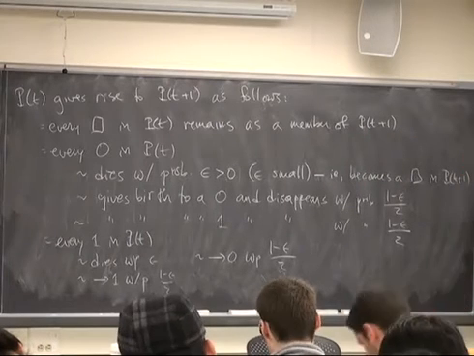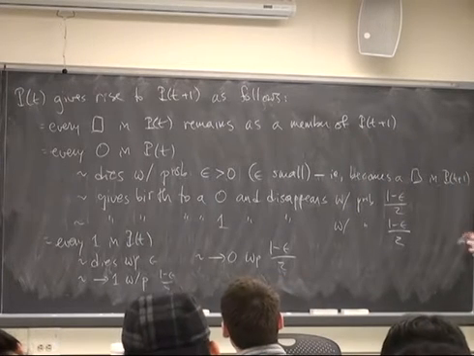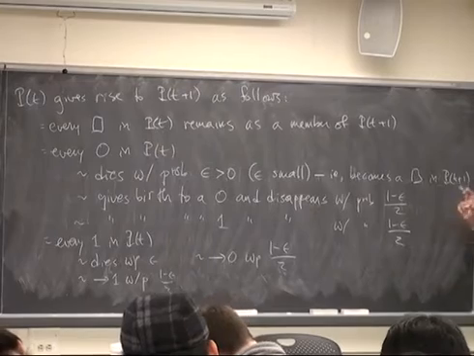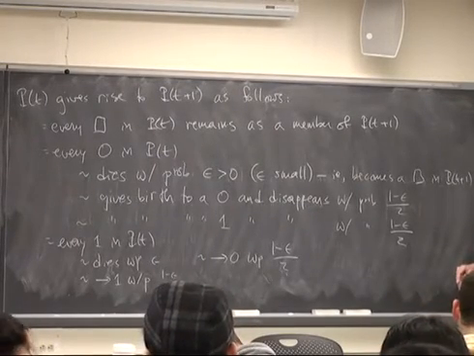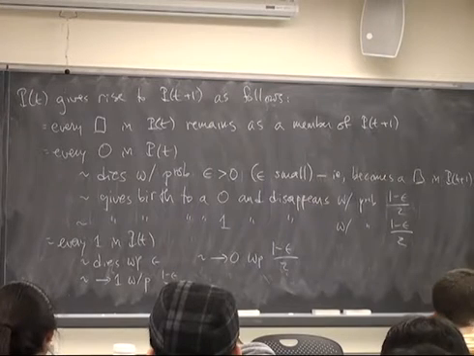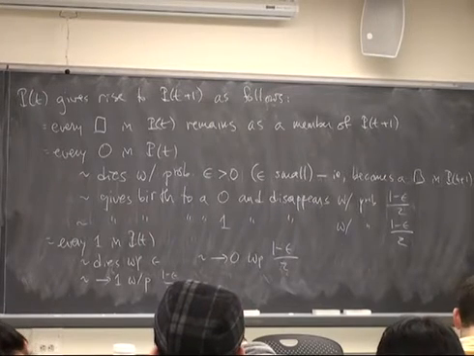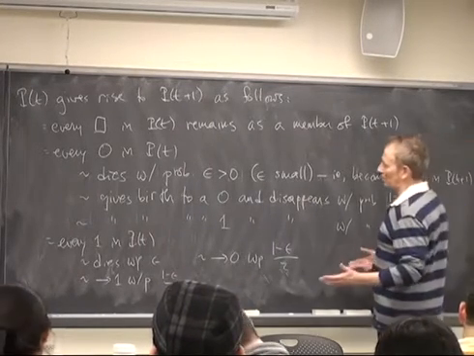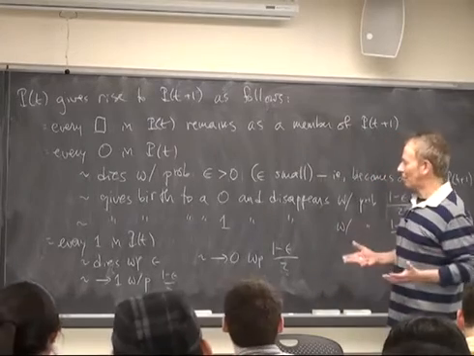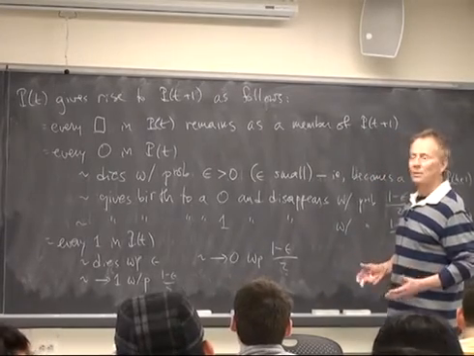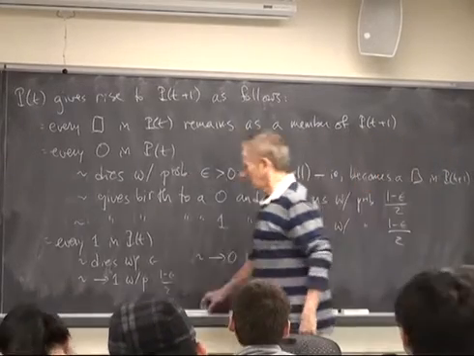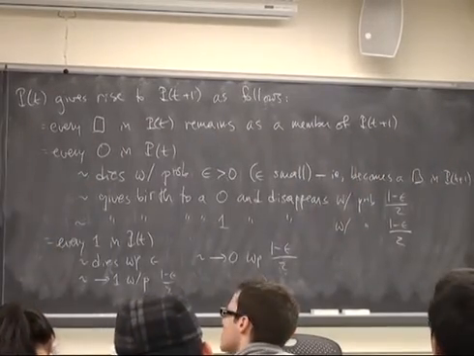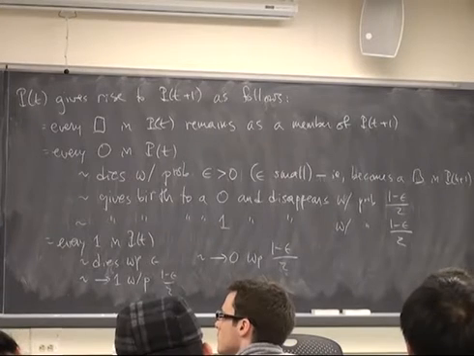Okay, so every individual has a positive but perhaps very small probability of becoming a box. Okay? And a relatively large probability of giving birth to live offspring who becomes a member of population at time t plus 1.